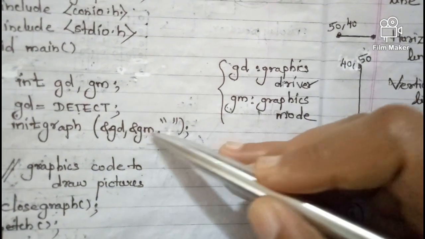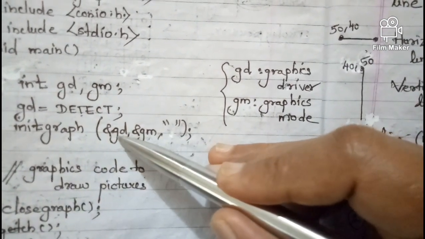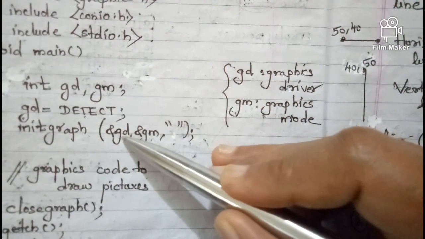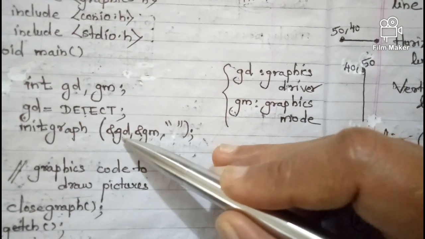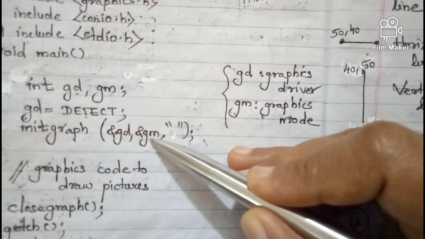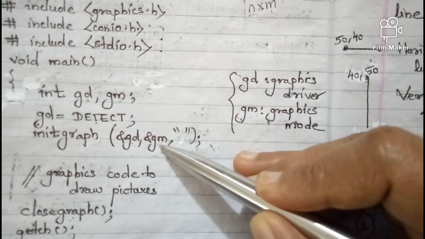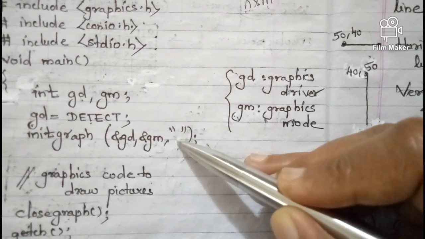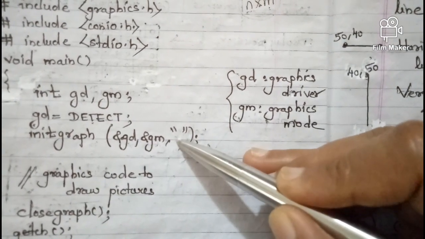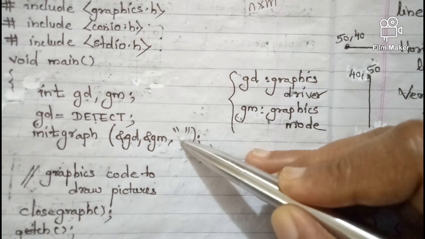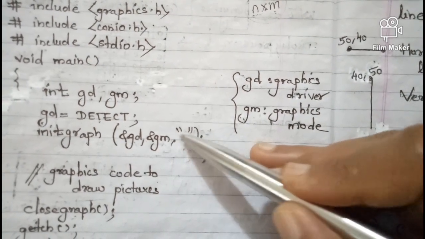It uses three arguments. First argument is &GD, which is the address of GD, that is the driver. Second argument is &GM, that is the address of graphics mode. And the third argument is a path. You need not give any value over here. Just specify empty quotes.